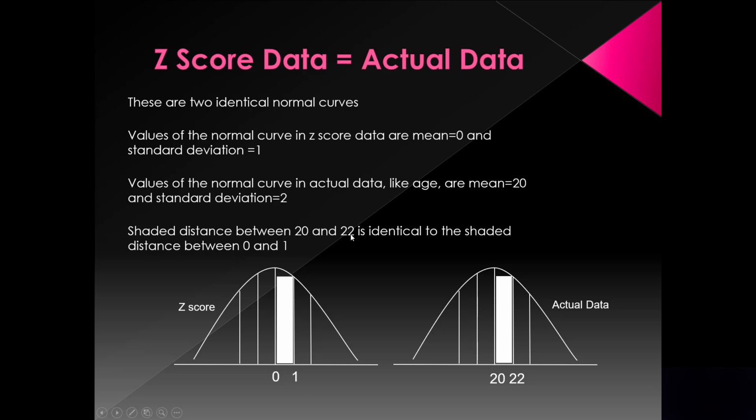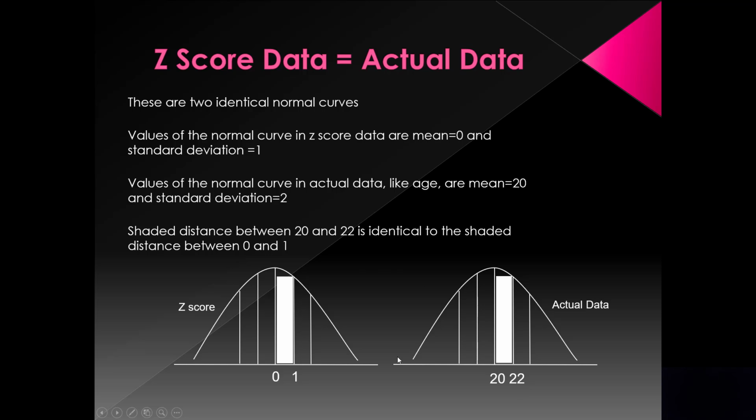But let's see the values in actual data, like age, for example. The mean at the center of the curve is 20 years old. And the standard deviation is equal to 2. So if we move or add one standard deviation above the mean, we're going to move from 20 to 22.